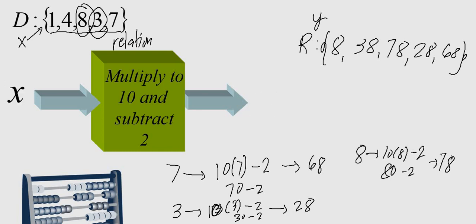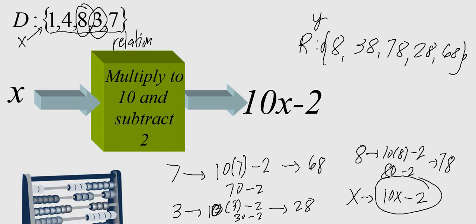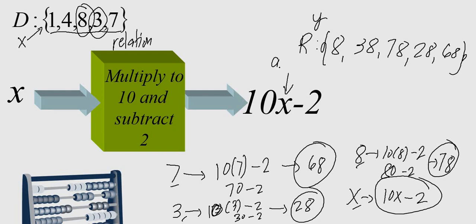So that would mean if I put an x, I will multiply that x by 10 and subtract 2. So therefore, what I would get is 10x minus 2. Did I get another number for my given domains or my given x values? More or less, what we got is just one and the same. And if you will notice, if I replace this with any number, I will just get one number.